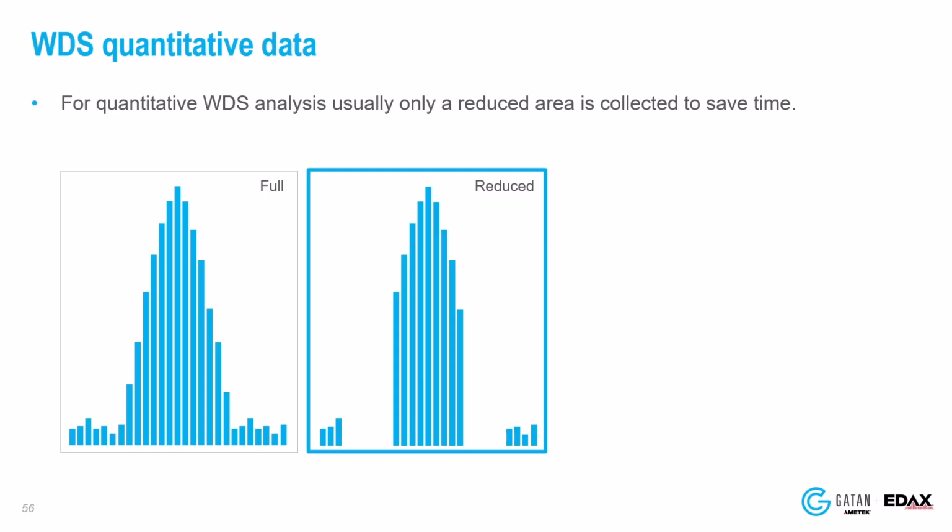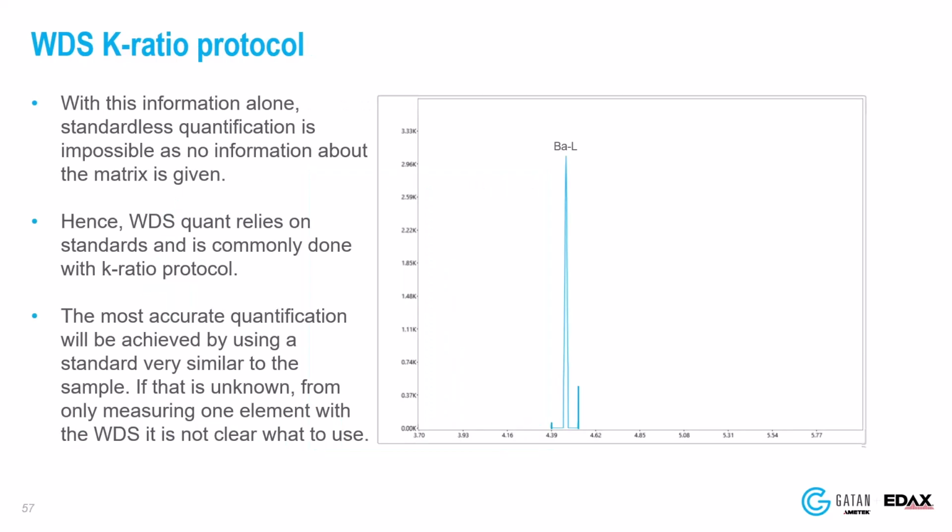As we don't get as much information out of the spectra than we get with EDS, the quantification always requires a standard and a sample to be measured under the same conditions. So a full K-ratio protocol has to be followed. Apex Full Standard Quant menu offers some tools to handle your standards in a database, which means you can load and access them at any time.